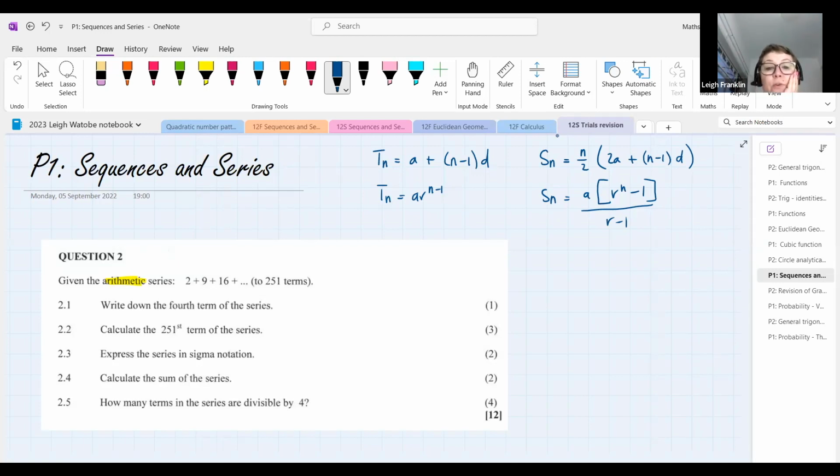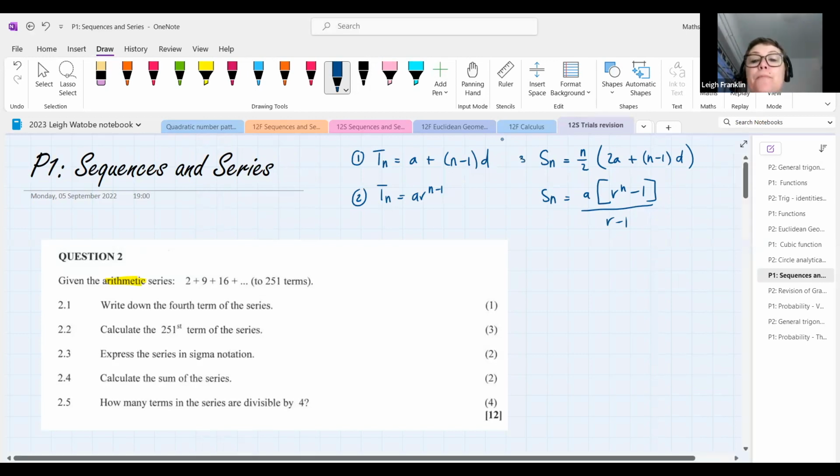So this first formula, if I call this one formula number 1, what does formula number 1 allow us to calculate? The general term for an arithmetic pattern.